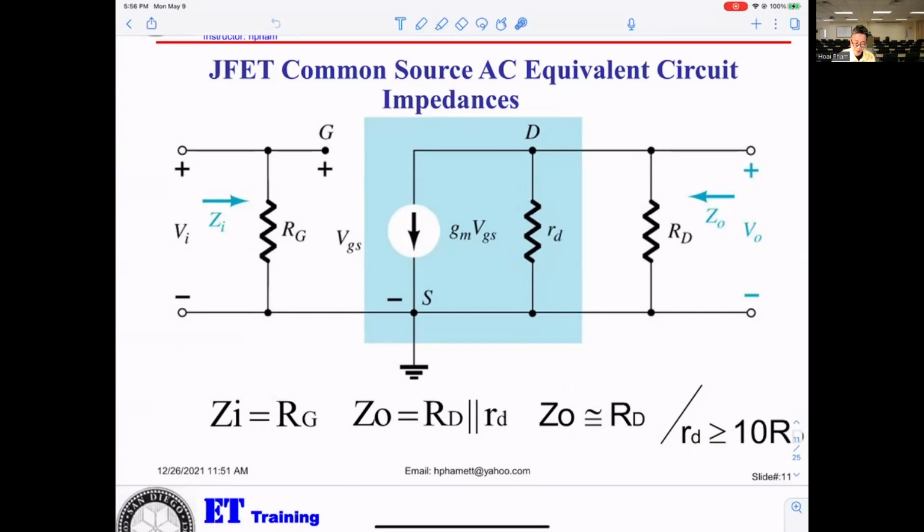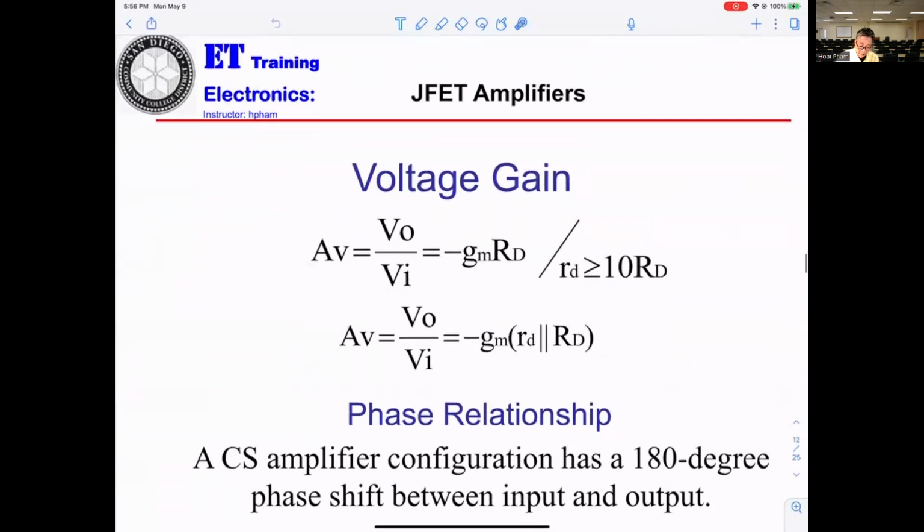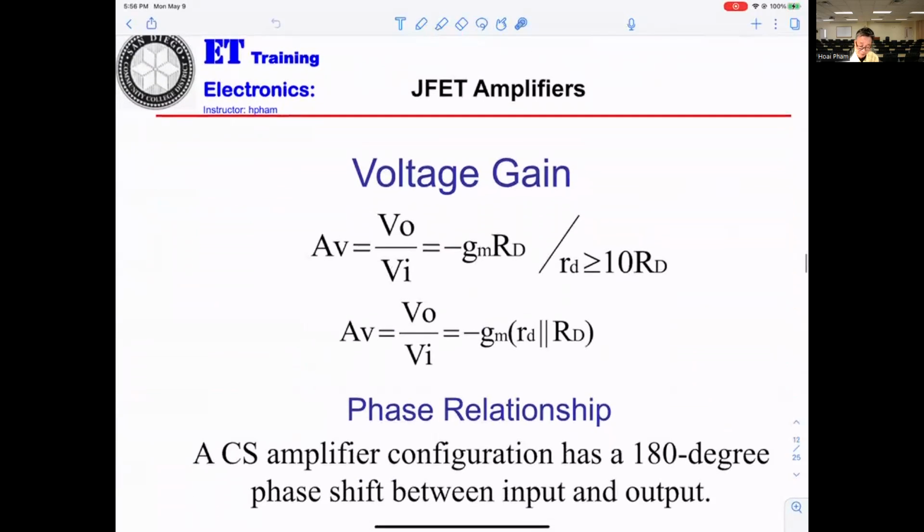Basically, I got this document from one of the universities, a summary for the common source. AV, that means the voltage gain, equals minus gm times RD.